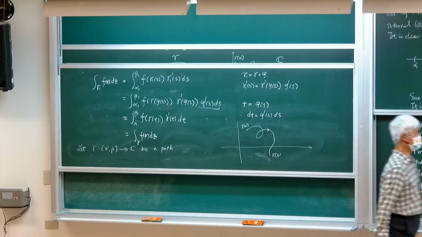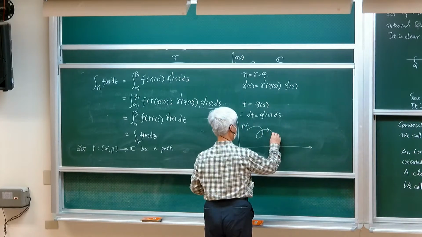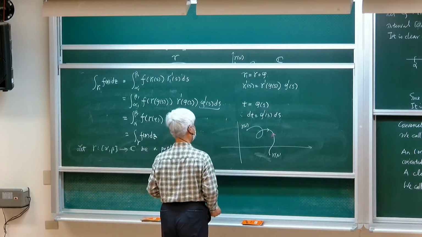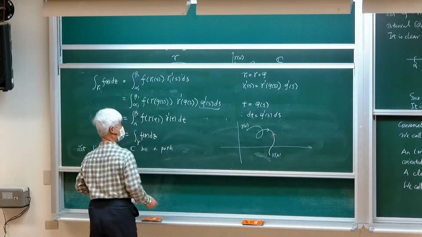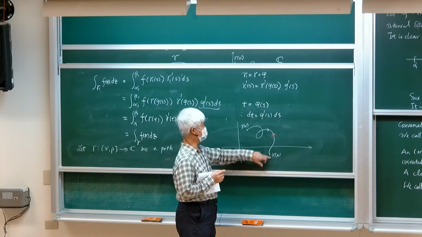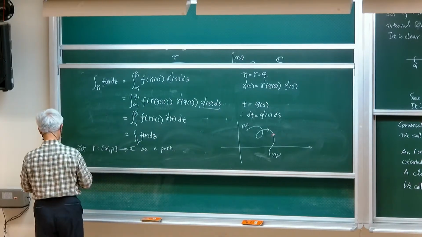If we want to reverse the orientation of the image, if you want to go this way, how can we do that? So that it will move from this endpoint to that one.